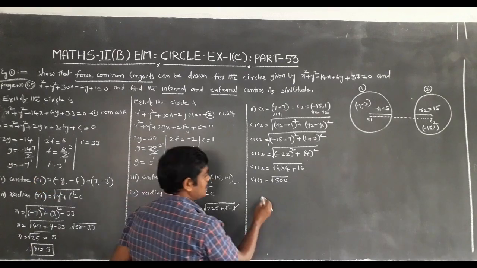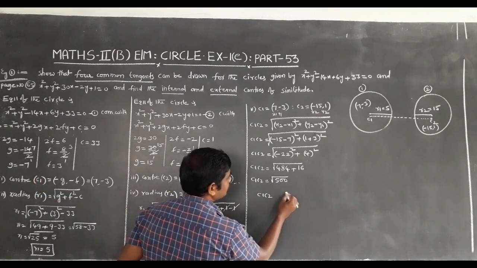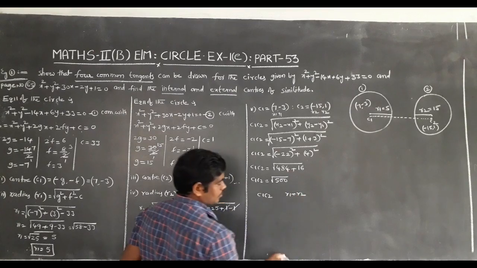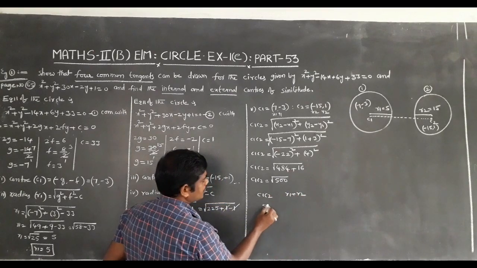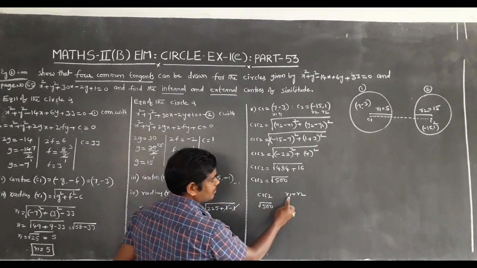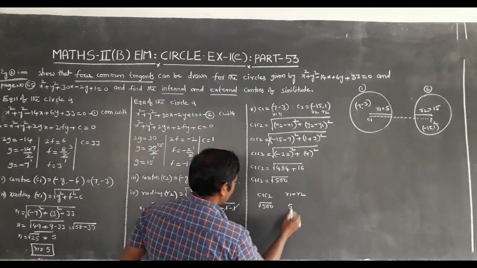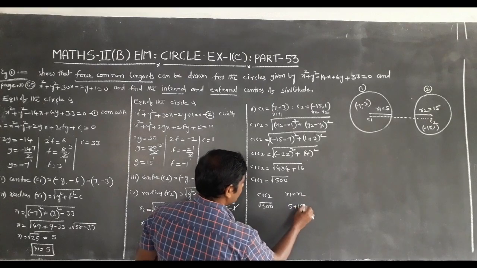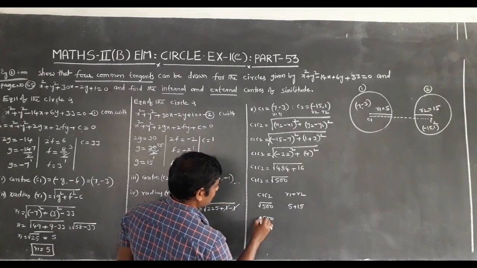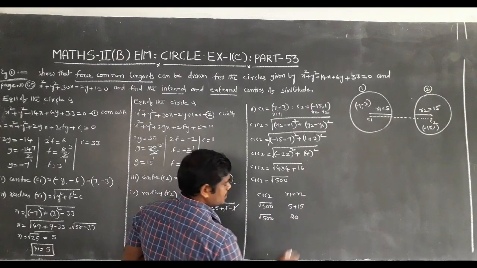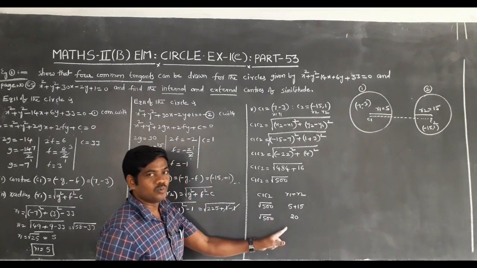Here check the condition: C1C2 compared with R1 plus R2. C1C2 is equal to root 500, R1 is equal to 5, R2 is equal to 15. R1 plus R2 is 15 plus 5, 20.